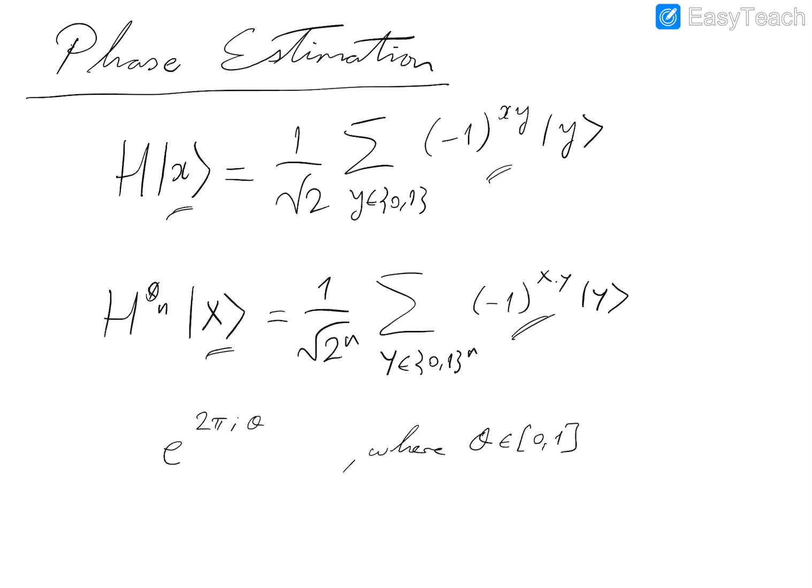And actually the phase minus 1 corresponds to when theta is equal to 1 over 2. So the problem here is that when given a phase in this exponential general form, the n-qubit Hadamard transform is unable to fully access the information encoded in more general ways.